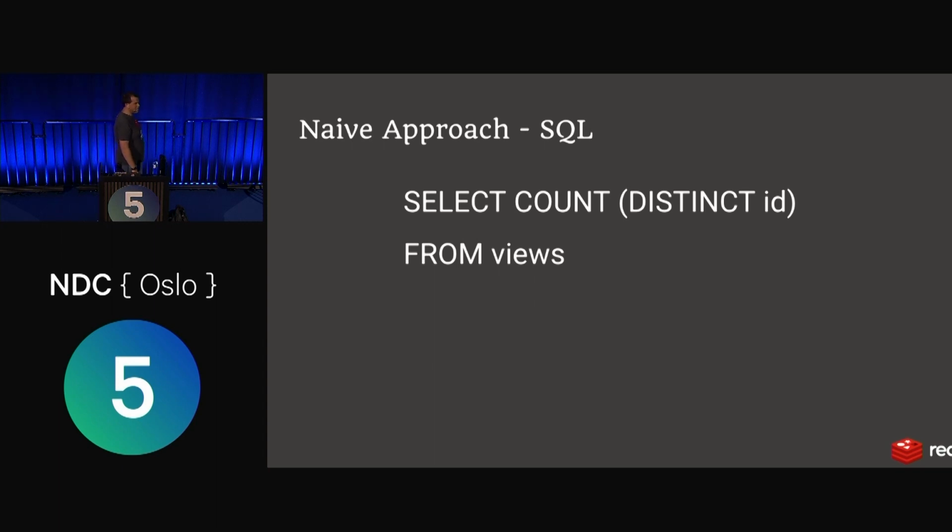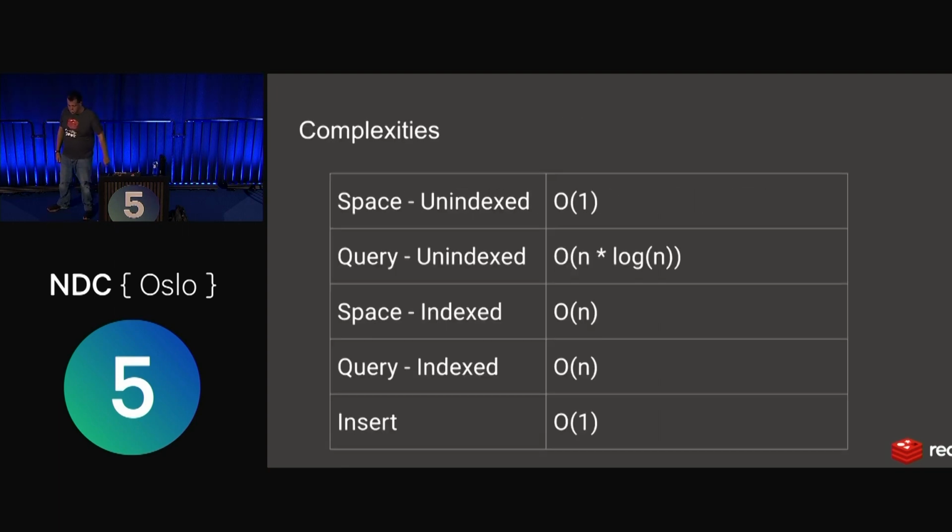When the data set is unindexed, you have to sort all of the data in your SQL table, and then you need to scan over all the data and count each individual instance. For the complexity, you're not storing anything beyond what you're already storing for whatever the data is, right?